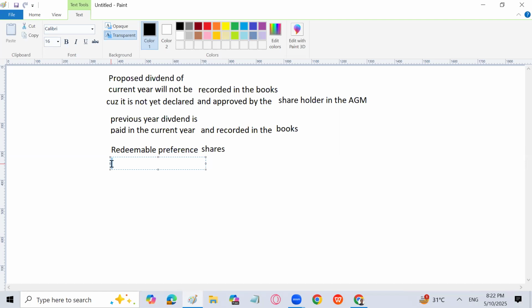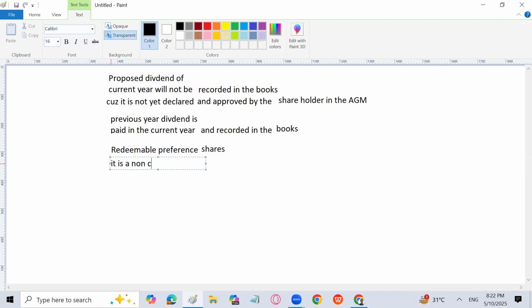Dividend is supposed to be paid on both non-redeemable and redeemable preference shares, and obviously it is subtracted from the retained earnings or it is subtracted from the profit. That is quite fine, right? But redeemable preference shares, what does it mean? I'm writing it down.